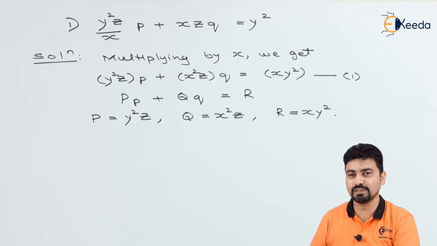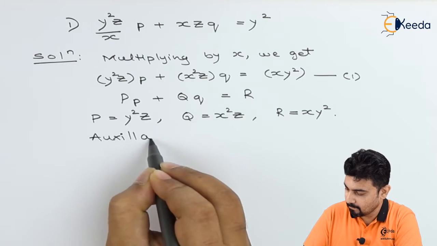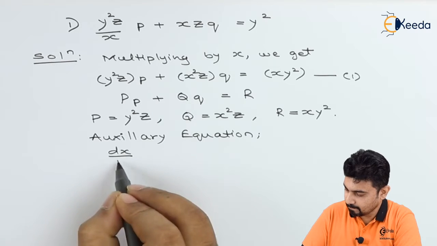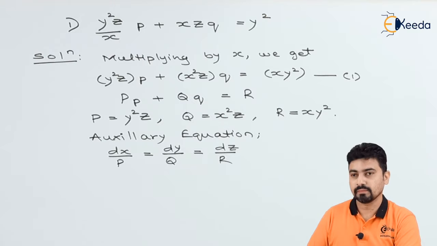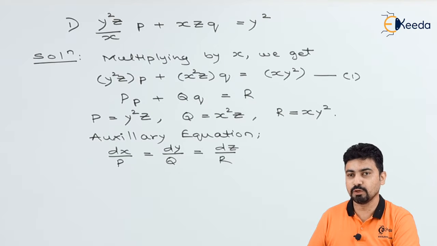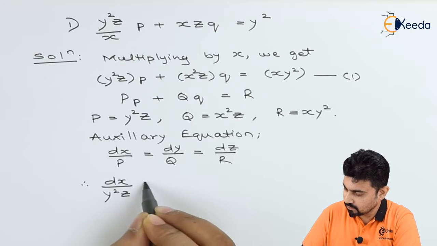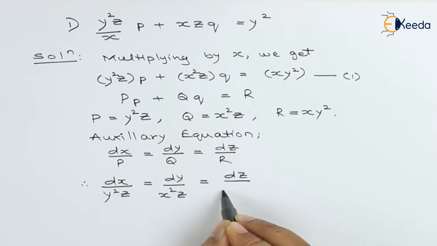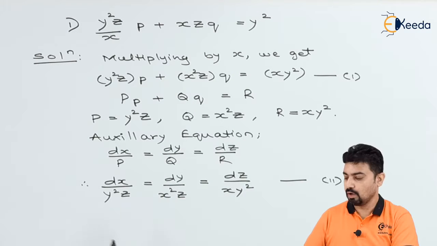Now using the auxiliary equation, we can go ahead with the solution. So auxiliary equation is, let us substitute the values of P, Q and R. So equation 2 is our auxiliary equation.